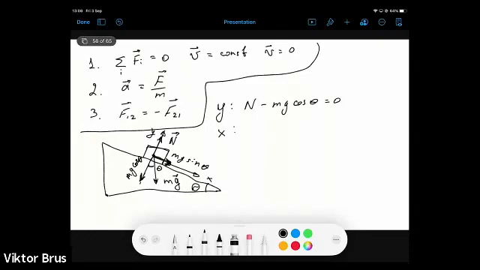Along axis x, we have only one force, mg times sine theta, which will result in some acceleration. So we can cancel the mass and get that acceleration is equal to g times sine theta.